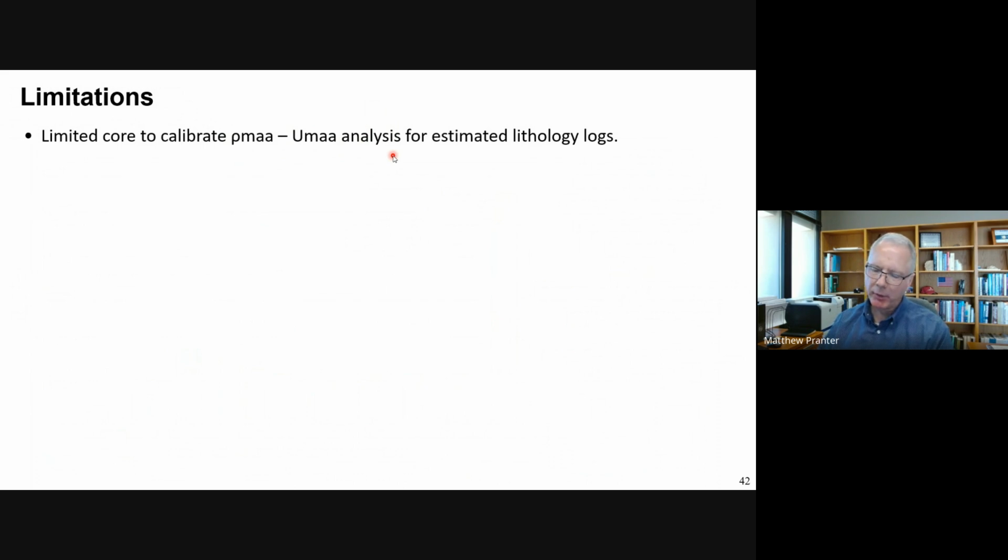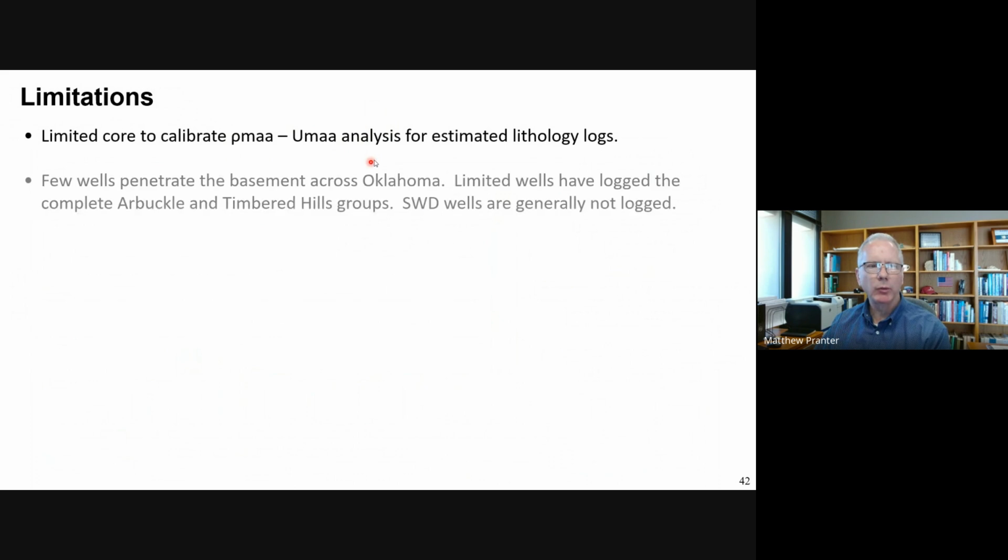The estimations that we got for the lithologies seem reasonable for the Ordovician, the Arbuckle, and the Hunton, but you always want to have as much data as you can. So that's one limitation. Few wells penetrate the basement across Oklahoma, and there are limited wells that have logged the complete Arbuckle and Timbered Hills groups. We had several, but there are limited ones that have logged that.